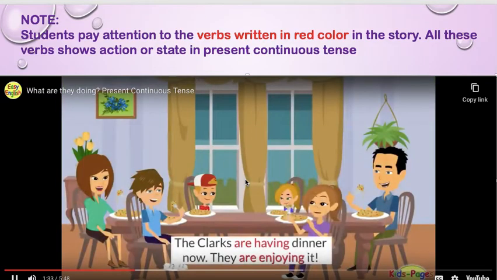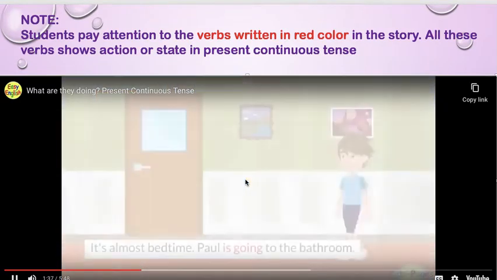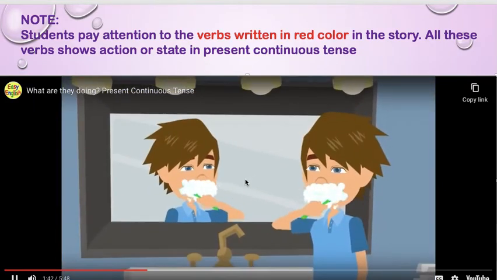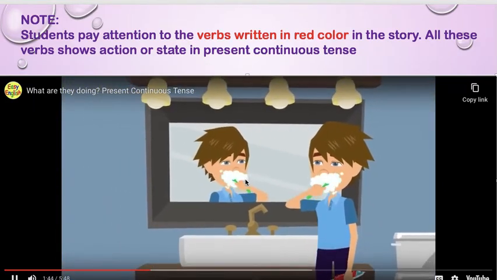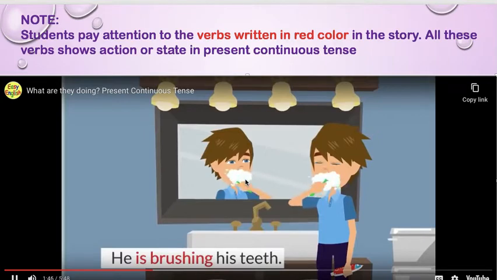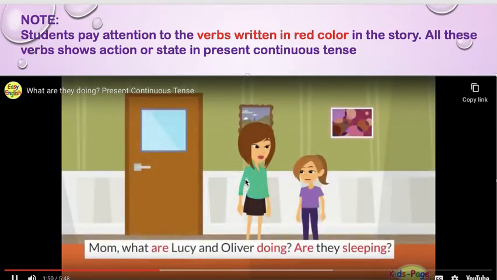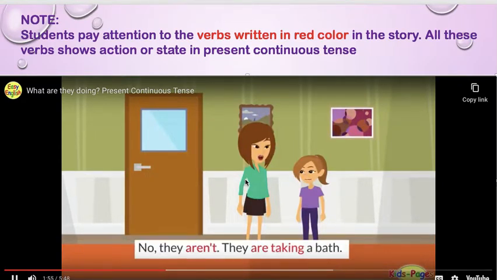The Clarks are having dinner now. They are enjoying it. It's almost bedtime. Paul is going to the bathroom. He is brushing his teeth. Mom, what are Lucy and Oliver doing? Are they sleeping? No, they aren't.